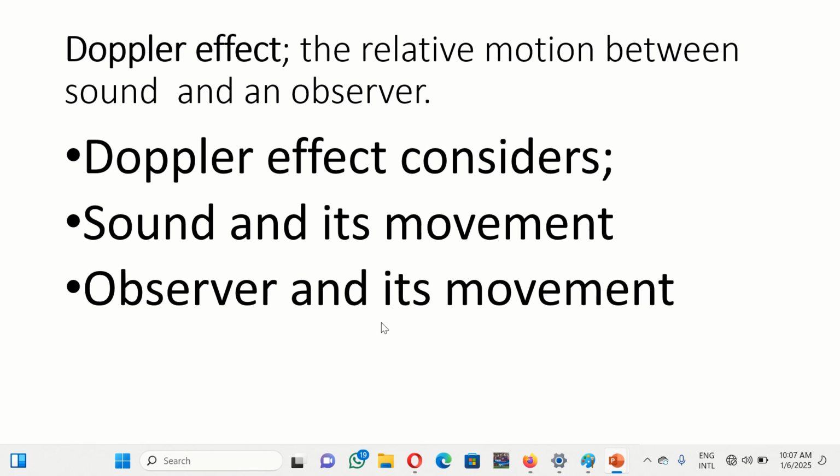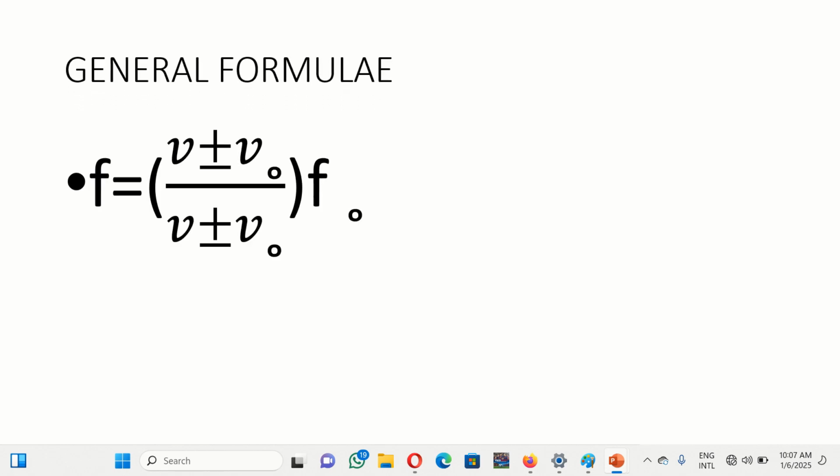So let's consider the general formula from Doppler.